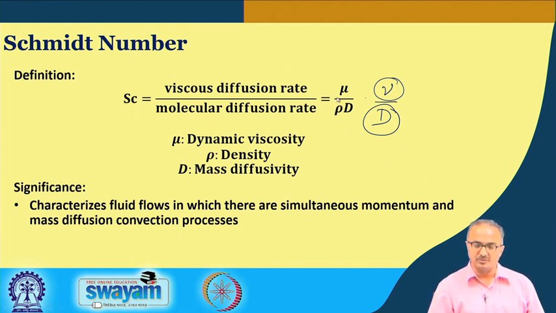It also tells us how the two boundary layers, due to momentum and due to species concentration, would develop. When the Schmidt number is equal to 1, the momentum diffusivity and the mass diffusivity are the same, so the boundary layer thicknesses are the same.